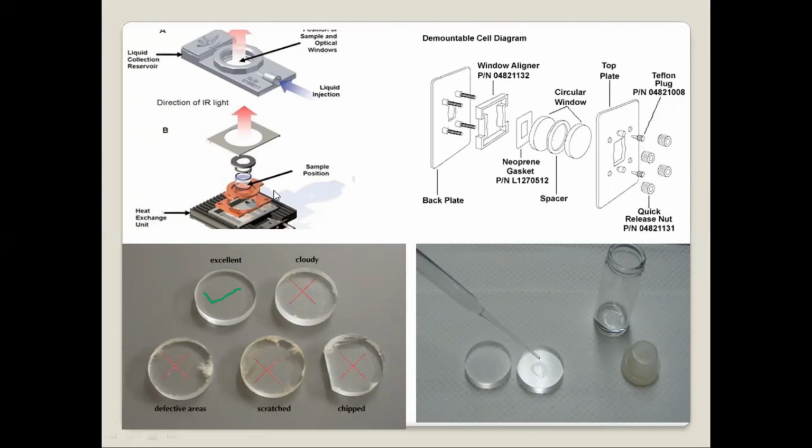For using these salt windows, a transparent salt plate is preferable and excellent for use. Cloudy, defective, scratched and chipped salt plates should be avoided for better results. Here you can see how the sample is put between the two salt plates, forming a thin, uniform layer to get a better IR measurement.